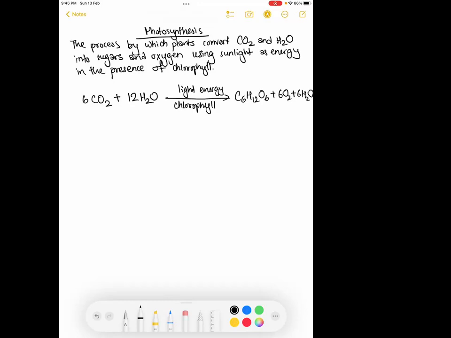Typically we don't even mention water on the product side, but the plants do actually release water vapor as well in the process.